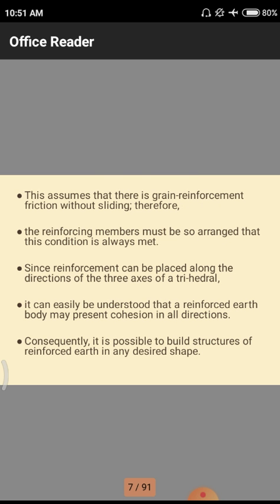Next one, we have to go for some assumptions while we are designing a structure. Here we are looking at reinforced earth, so we need some data on this reinforced earth. It assumes the grain-reinforcement friction without sliding. Without sliding means normally there may be no cohesion forces applying on the structures. Why? Because the structure has reinforcement, therefore the reinforcement members must be arranged so that the condition is always met.